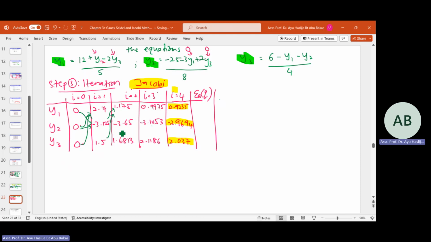Then to get Y2, from the previous column, so Y1, 2.4 over here, and Y3, 1.5.